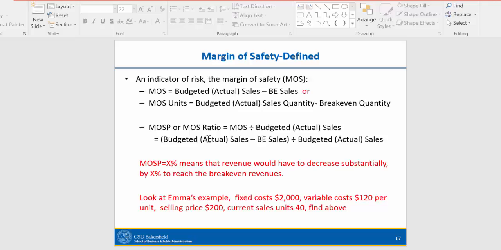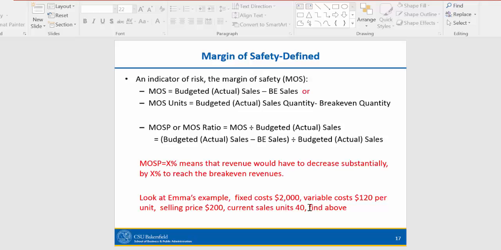All right, so now I'm going to look at an example and try to use it to interpret the risk issues. In Emma's example, we have fixed cost 2,000, variable cost 120 per unit, selling price 200, and current sales units 40.